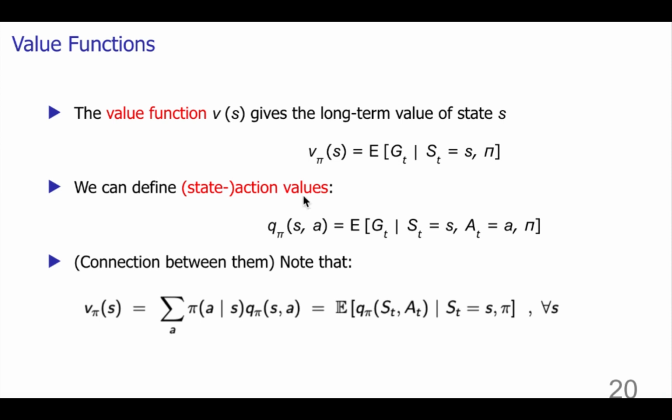The same is true for action value, the Q function. So the action value given some state S over a policy pi is equal to the expected cumulative reward or return given the current state, the current action, and the policy.